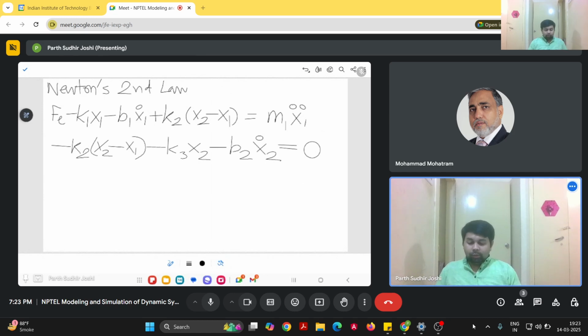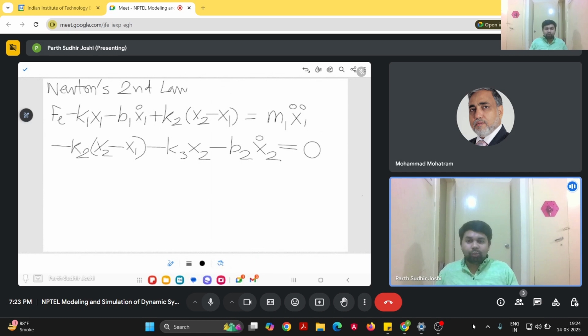So we can rearrange these terms, and then use some numerical methods, or we can also use some analytical methods if possible, to solve these equations.